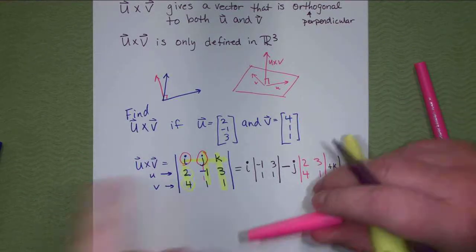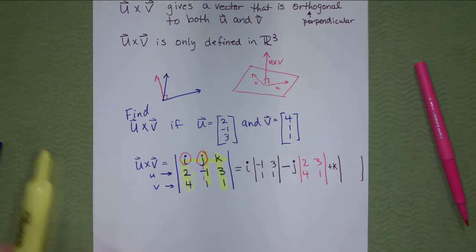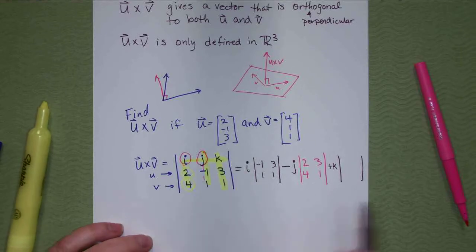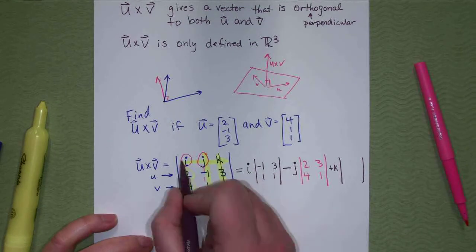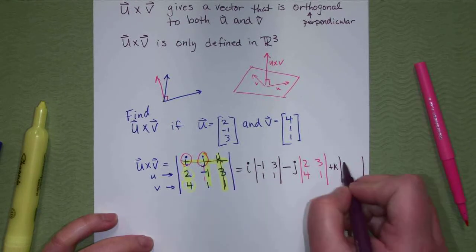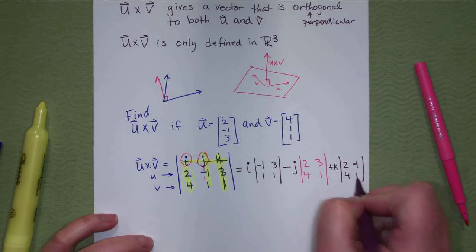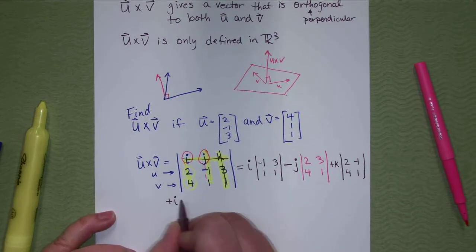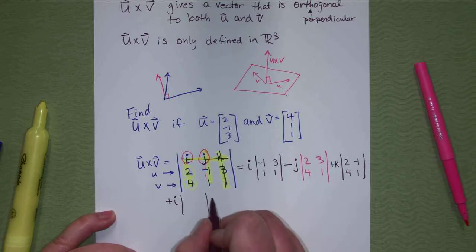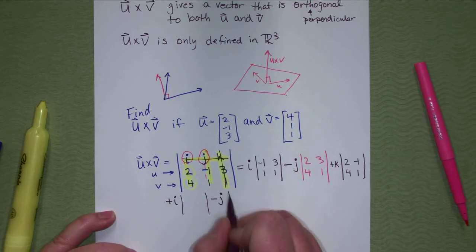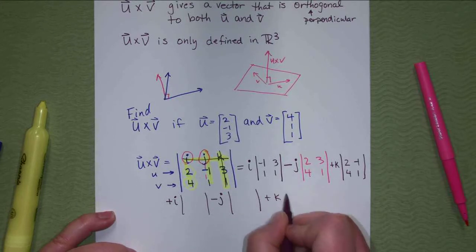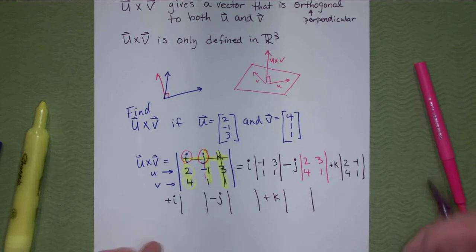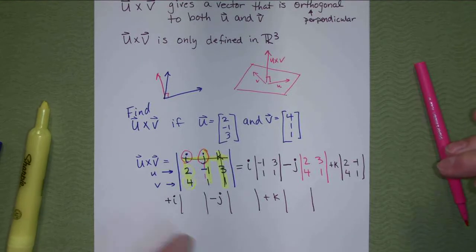So just remember that it's the formula for now, and when we do matrices later, I shouldn't have put those little pink marks here. So if we cross off the stuff in the K, we have 2, -1, 4, 1. So the important part is you go plus I, and then your little submatrix, minus J, and then plus K. Okay? So that's the formula, and you cross them off to get what goes in these little submatrices.